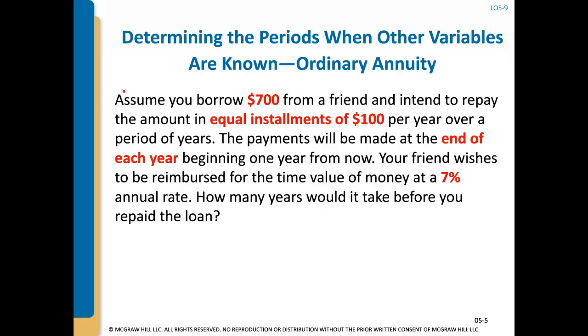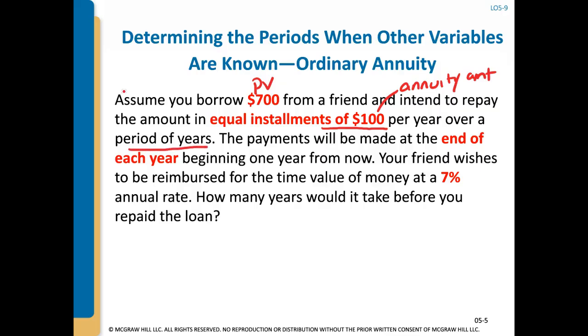Another example: assume you're still borrowing $700 from a friend and intend to repay the amounts in equal installments of $100. So in this situation, we know the present value and we know the annuity amount, the installment amount. We intend to repay equal installments of $100 per year over a period of years; that's what we need to solve for.